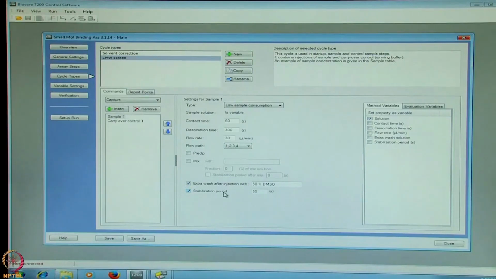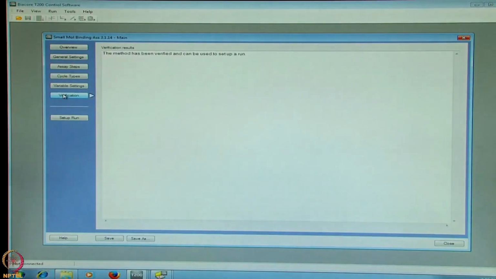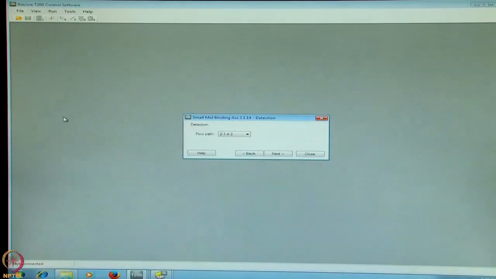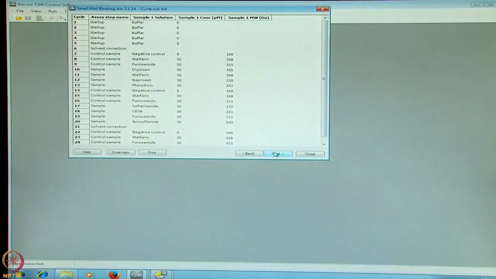Stabilization time was 30 seconds. We verify this method and set up a run in which active surface 2 was subtracted from reference surface 1, active surface 4 was subtracted from 3, and we have the following set of experiments set up here.